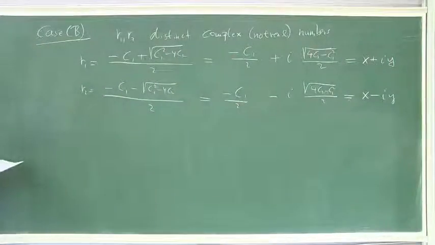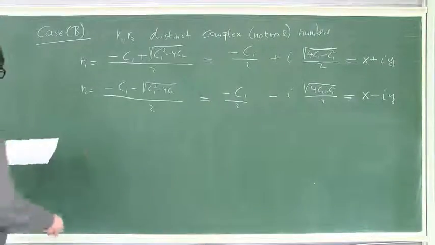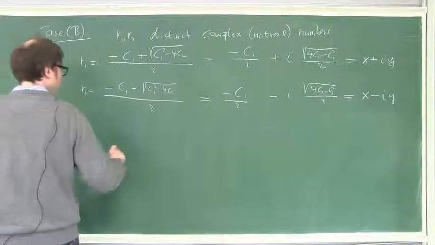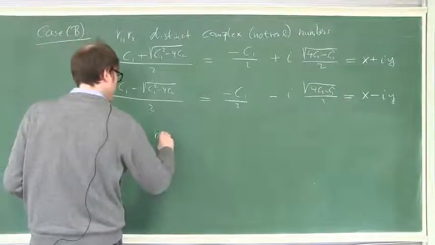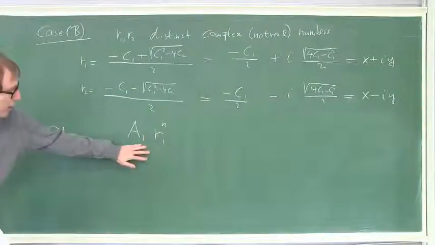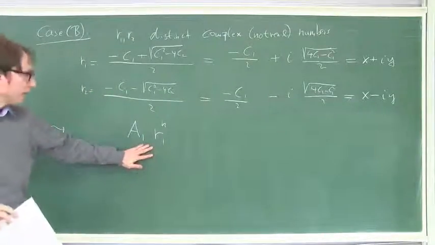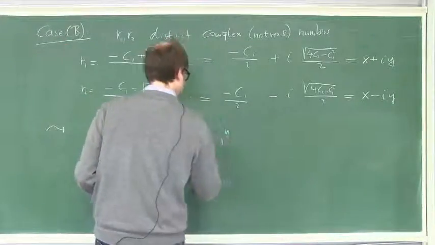Okay, and now we can just do the very same thing. I won't even do this with all the details. Again, you can use this R1, now a complex number. You can still take powers of it, and it will still satisfy the recurrence relation. And you can do the same thing for R2 to the n, which will still satisfy the relation.